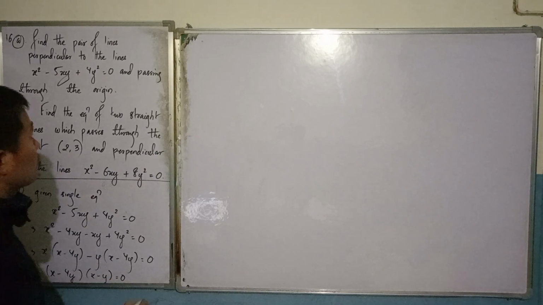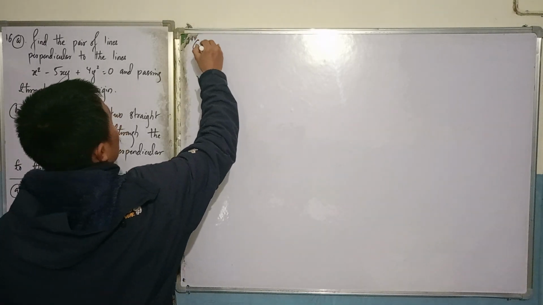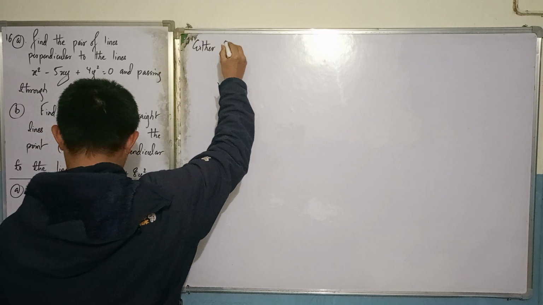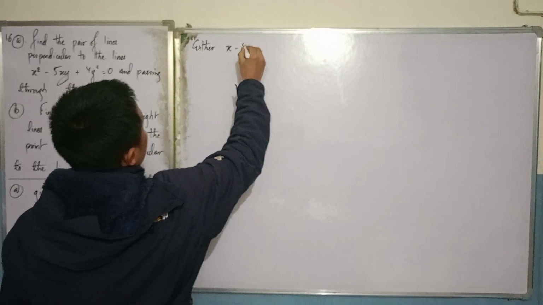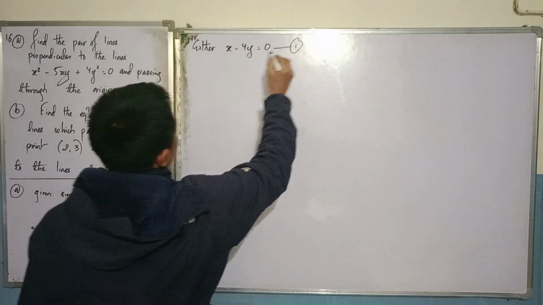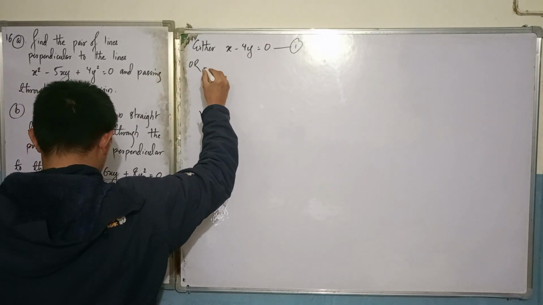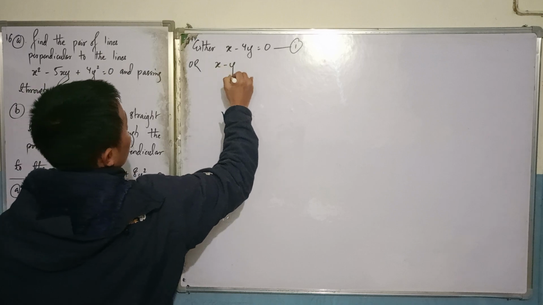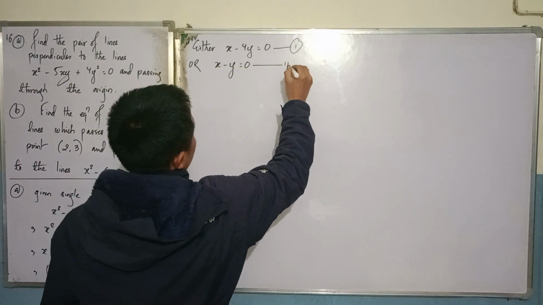Now you just write either x minus 4y is equal to 0, I, or x minus y is equal to 0, II.